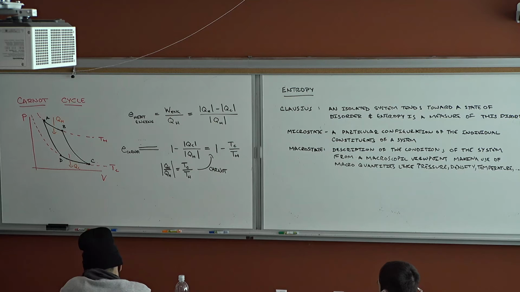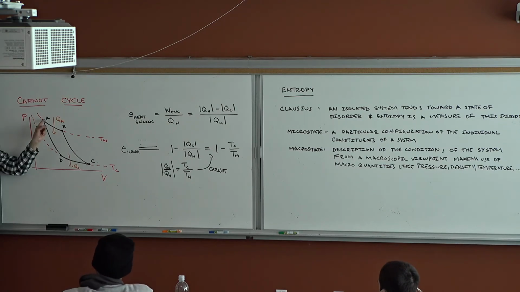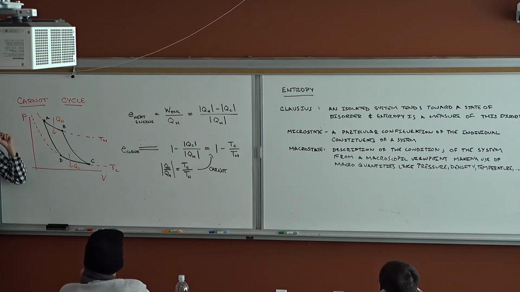So as this gas is expanding, it's going to a greater volume from A to B. Is the gas doing work on the environment, or is the environment doing work on the gas? So as the gas expands, it's doing work on the environment, which means it's giving energy away. In order for it to give energy away but not lower its temperature, what has to happen? Energy has to come in as heat.